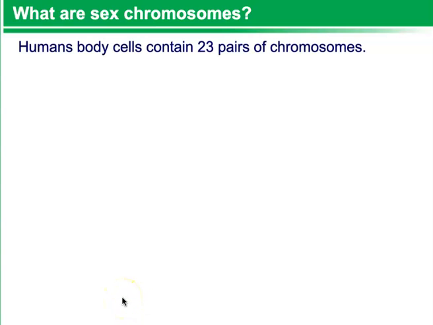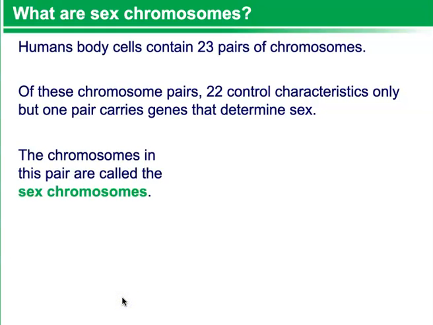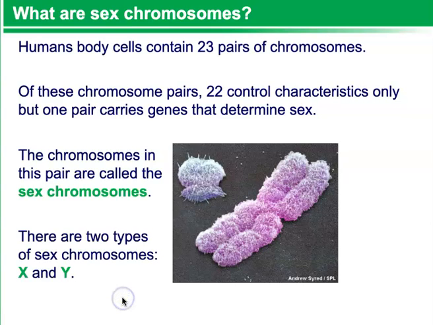Human body cells contain 23 pairs of chromosomes. Of these chromosome pairs, 22 control characteristics only, but one pair carries genes that determine sex. The chromosomes in this pair are called the sex chromosomes. There are two types of sex chromosomes, X and Y.